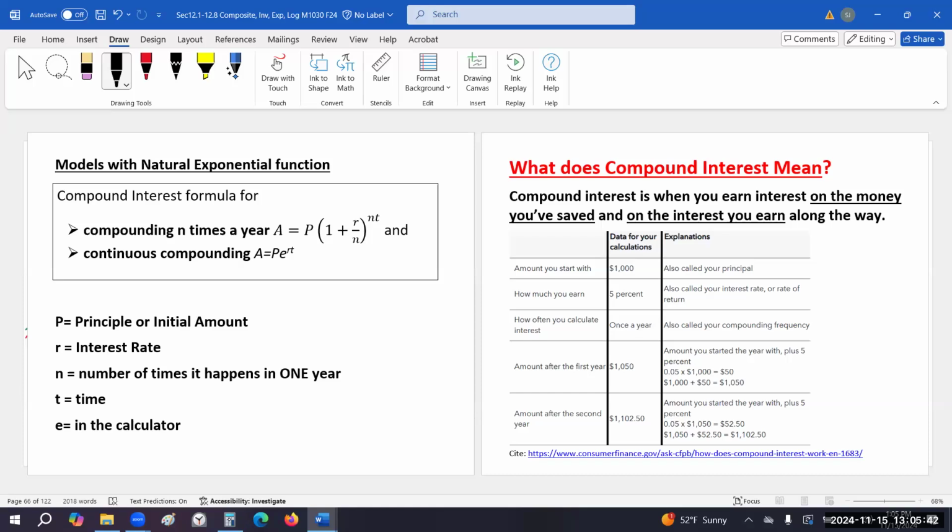So what it does is, after the first month, you have your initial amount plus some interest. Let's say you invested $100 with an interest rate of 5%. After the first month, let's say that's $105. Now for the second month, your interest will be charged on $105, not on $100. So you got, let's say, $107 or something, I don't know.